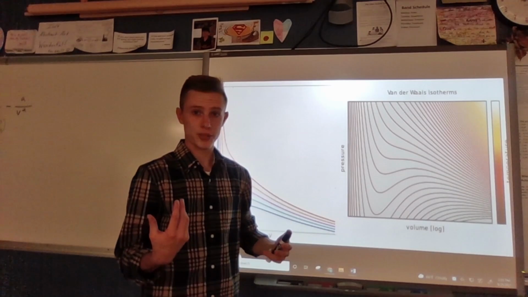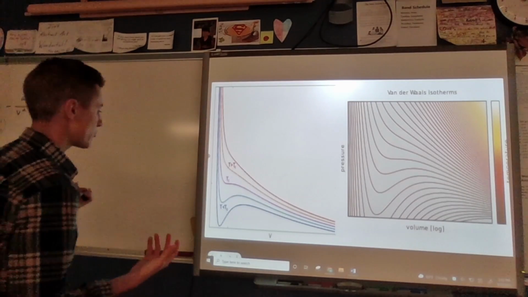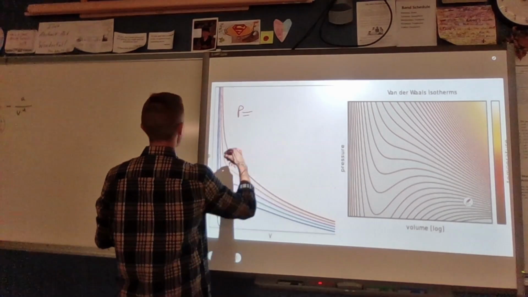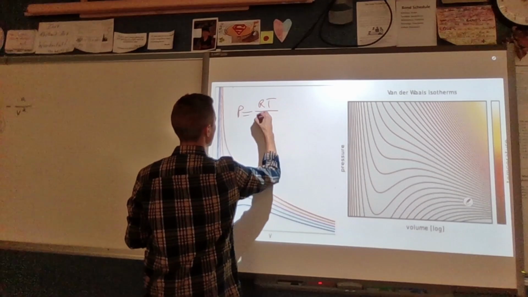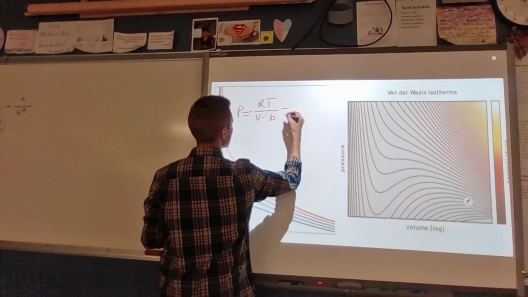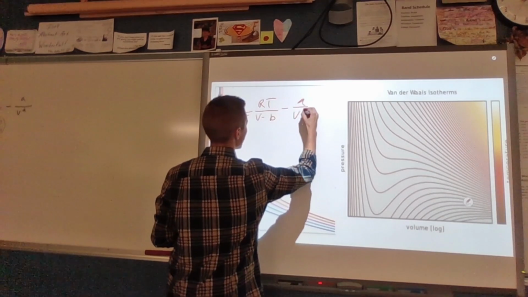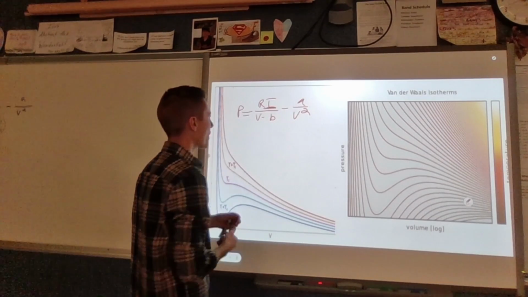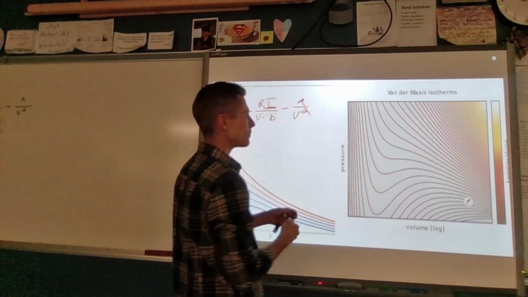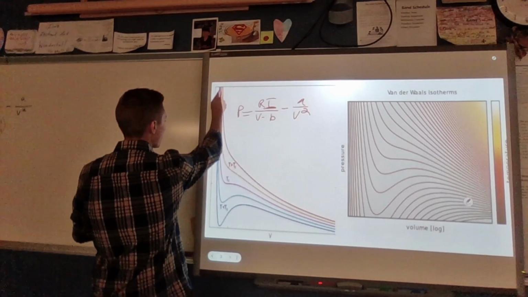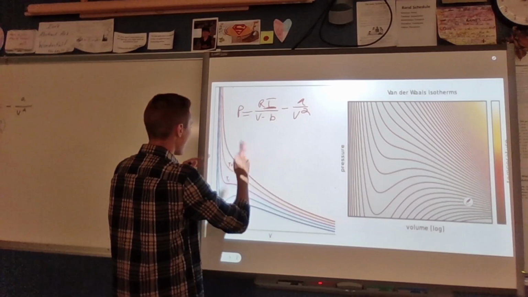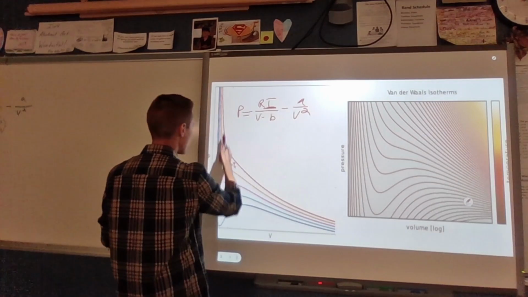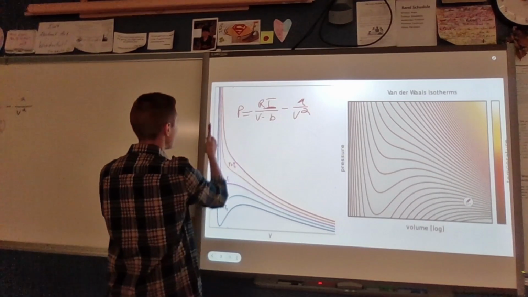Let me write this again: P equals RT over V minus B, subtracting A over our specific volume squared. At higher temperatures, we're going to notice a trend where we have our ideal gas law here, and the line that we plot is going to look similar to this. It's going to be very straight, or a lot closer to this line.